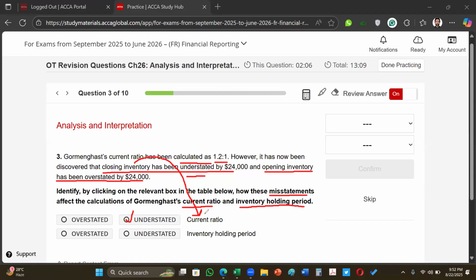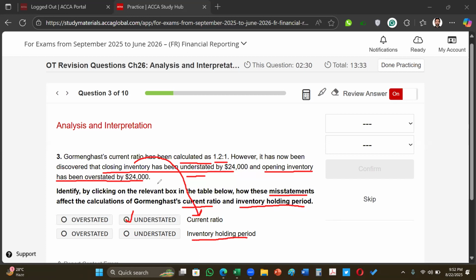On the other hand, when we look at the inventory holding period, it is calculated using your average inventory. So when we take the average here, the closing inventory is less and the opening inventory is high, so this is not going to make any impact.